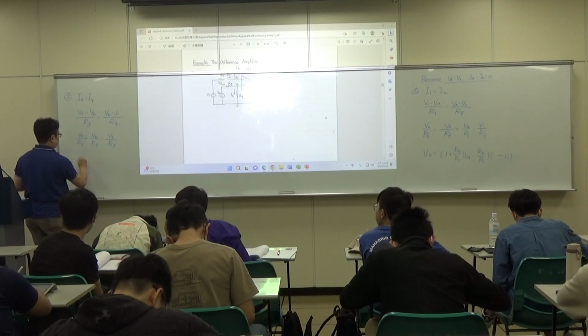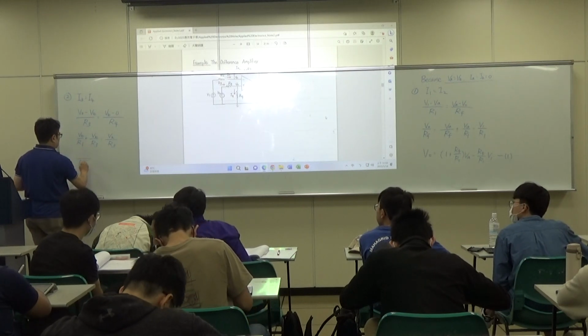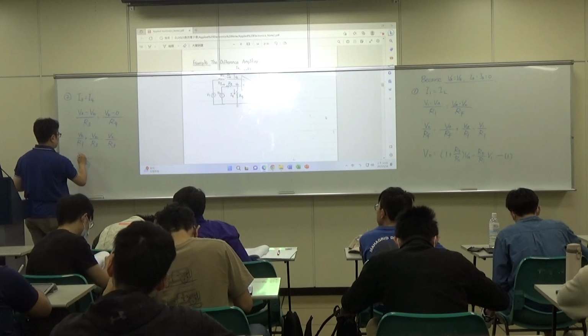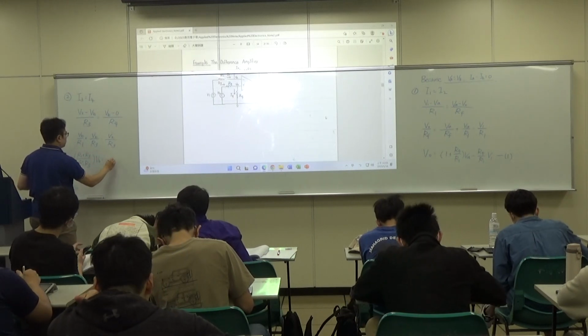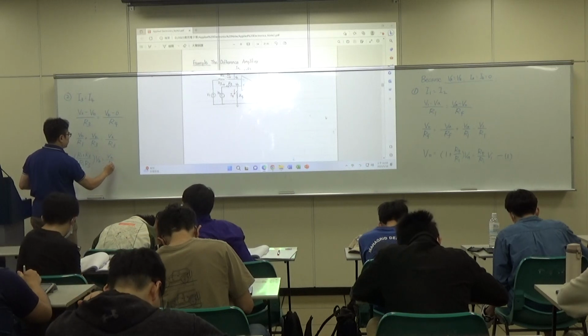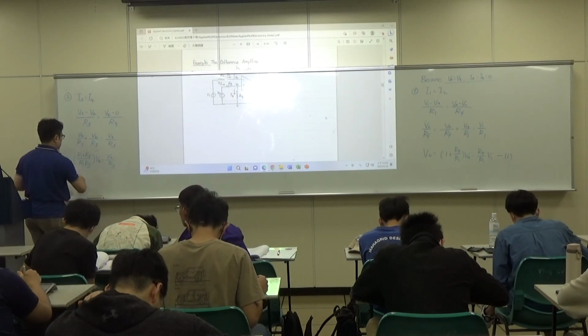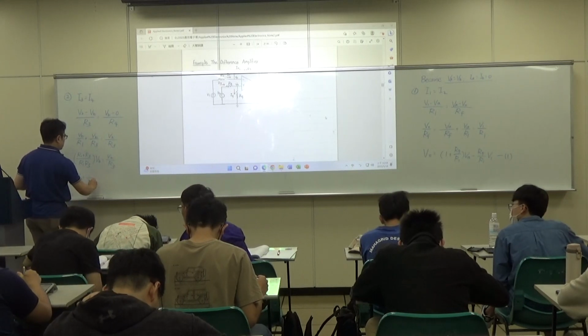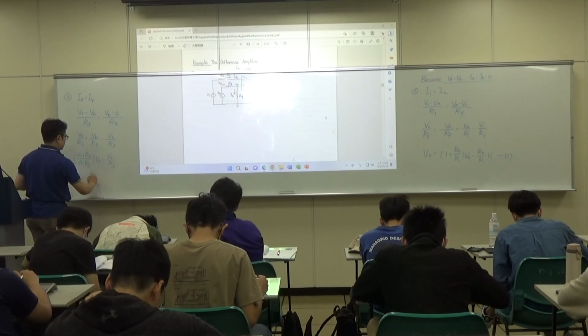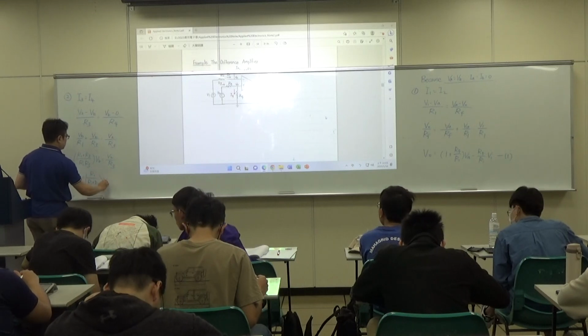So VB equals R4 over (R3 plus R4) times V2.